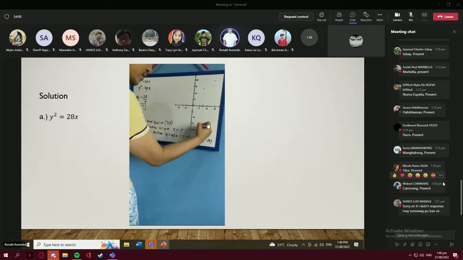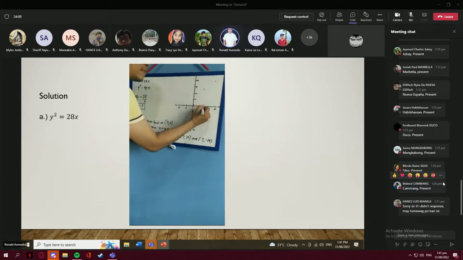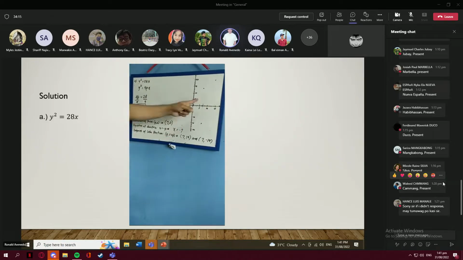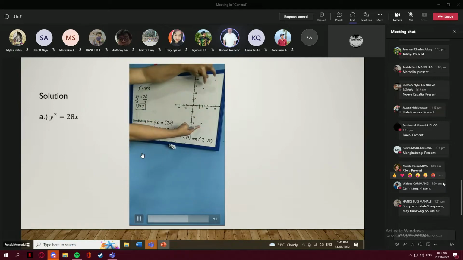And 7, negative 14. And our focus is at 7, 0. The focus and the endpoints of latus rectum should be collinear, or they should be lying on the same line.